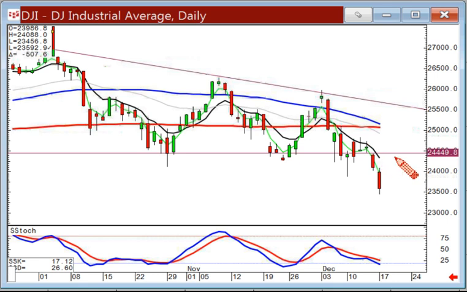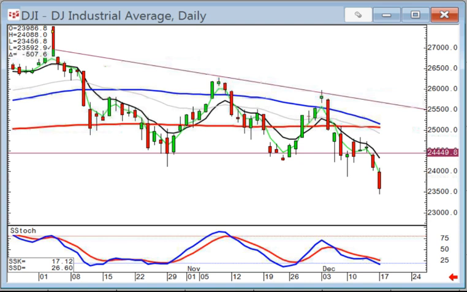But what was the one visual confirmation in these trading days right here? They couldn't close it above the T-line. The green line is, where is it? What you have here is the red and blue. The red is your 200-day simple moving average.